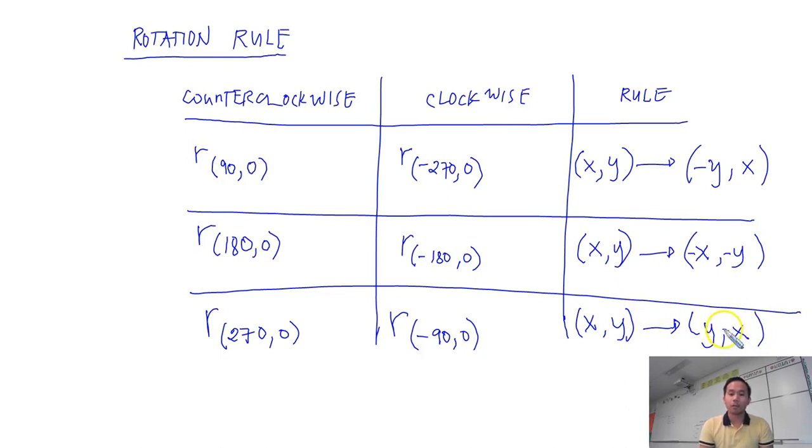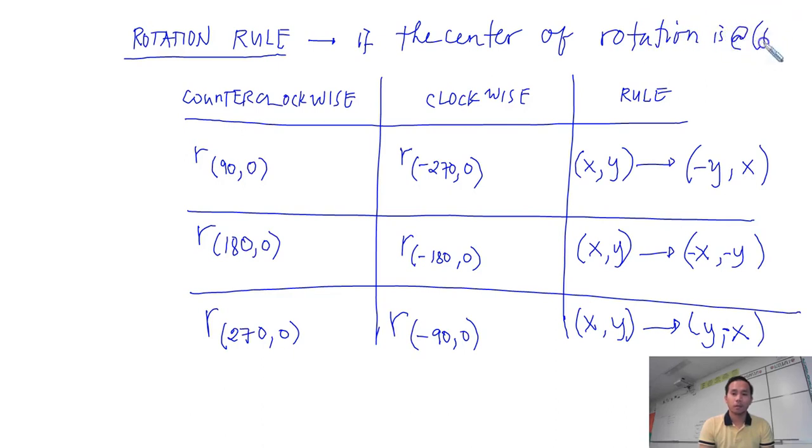So I'll put a negative there, and your x will become the opposite. This rule only applies if the center of rotation is at 0, 0, or at the origin. We are going to use this all throughout, so I give emphasis that the center of rotation must be at 0, 0.